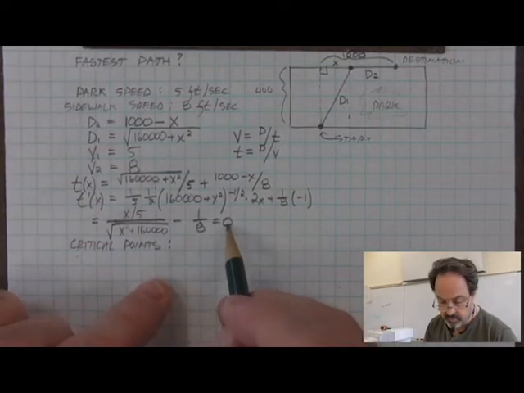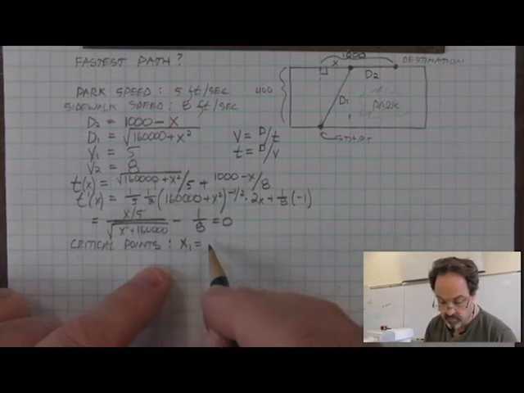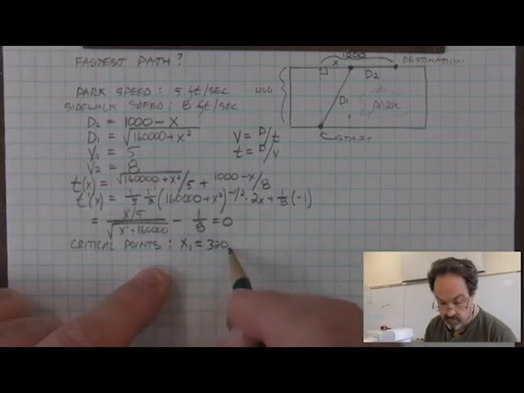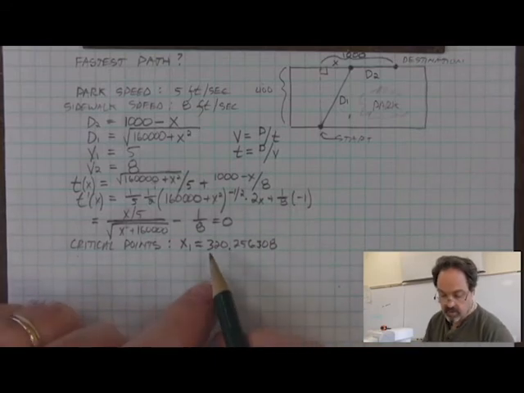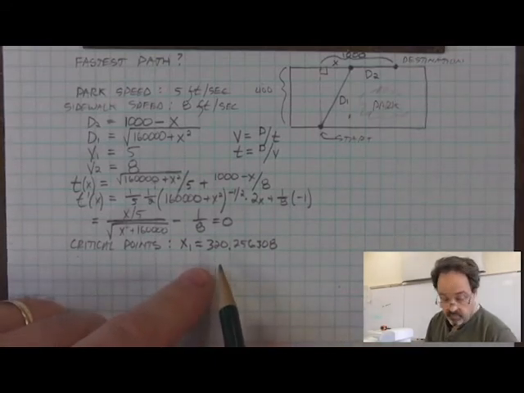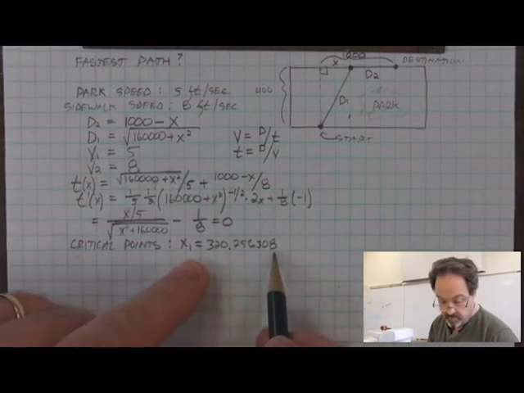And a 0 derivative was found by a calculator to be at x is equal to approximately 320.256308. This is a case in which an approximation is appropriate. This is an important value.